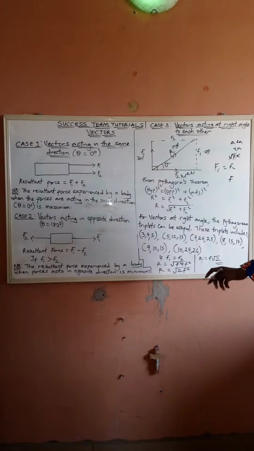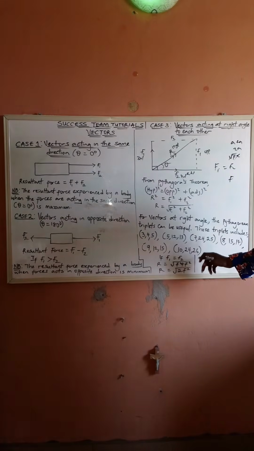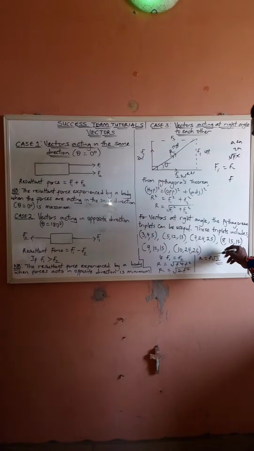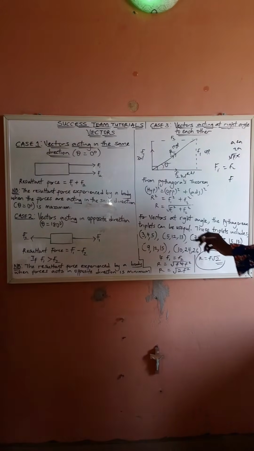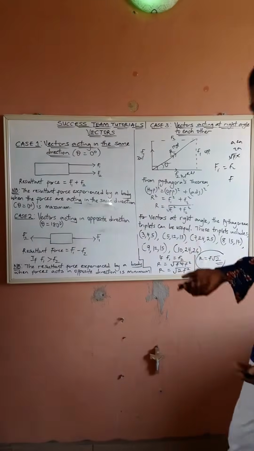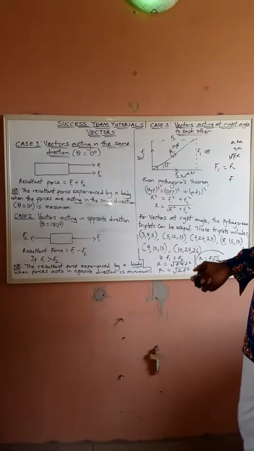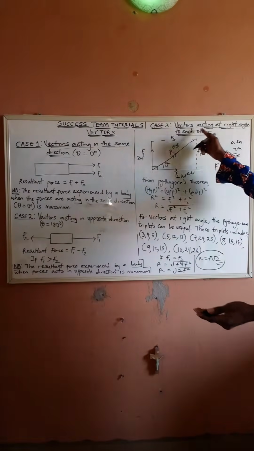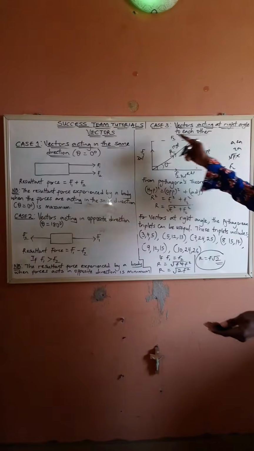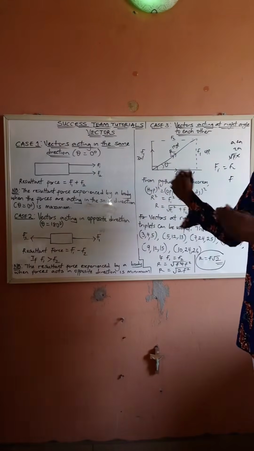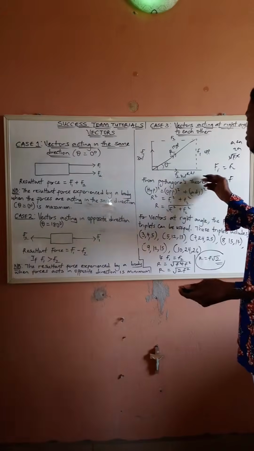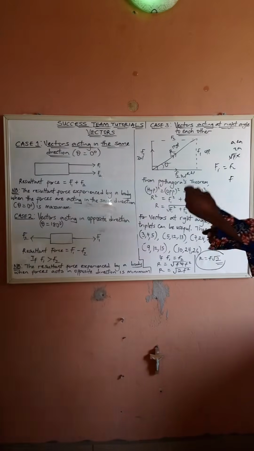So I'm going to have F. So the answer to this is R is equal to F square root of 2. So anytime they tell you that two forces are acting at a right angle to each other, and the two forces are equal, say 10 Newton each, to calculate the resultant force.